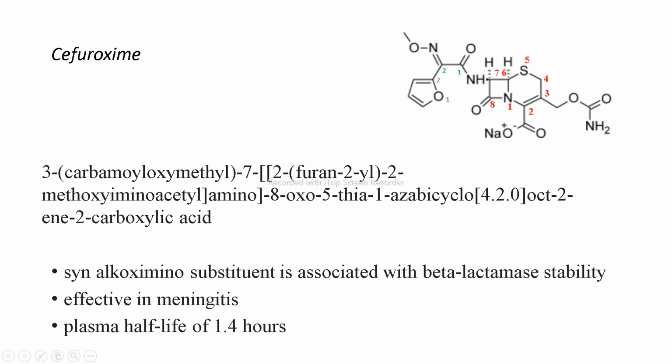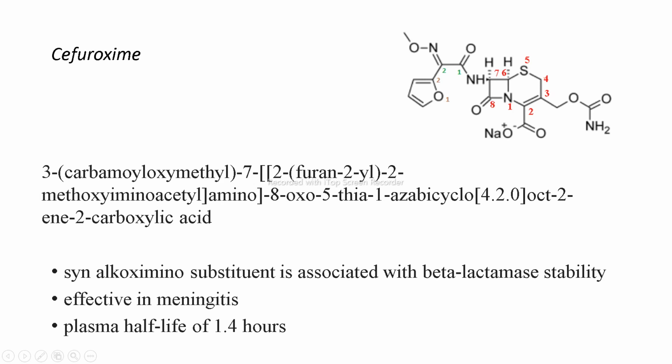Now, to which position of the furan is the parent chain attached? To the second position of the furan, the parent chain is attached. So after 7 dash, 2 dash, furan, 2-yl. Why 2-yl? Because at the second position of the furan, the remaining parent chain is attached.